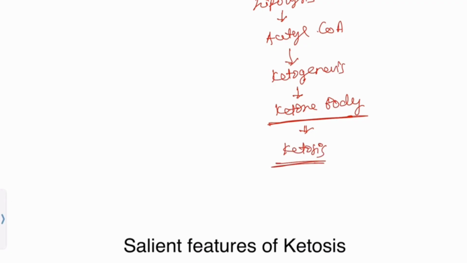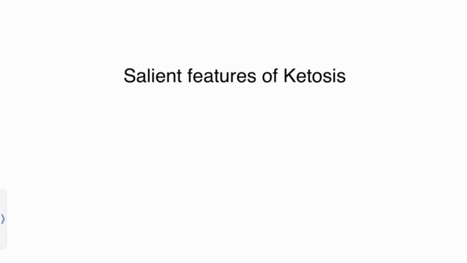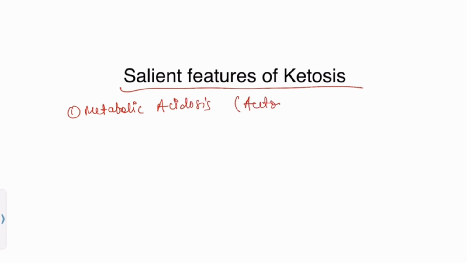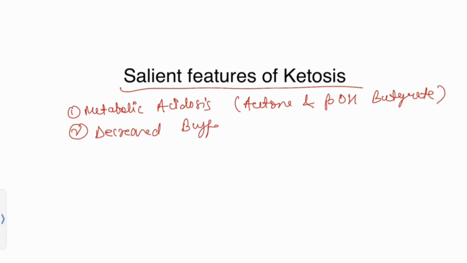Now, the salient features of ketosis. First is metabolic acidosis because of the two products, that is acetoacetate and beta hydroxybutyrate. Next is decreased buffer, because the bicarbonate which is present gets utilized in neutralizing both of these, acetoacetate and beta hydroxybutyrate.